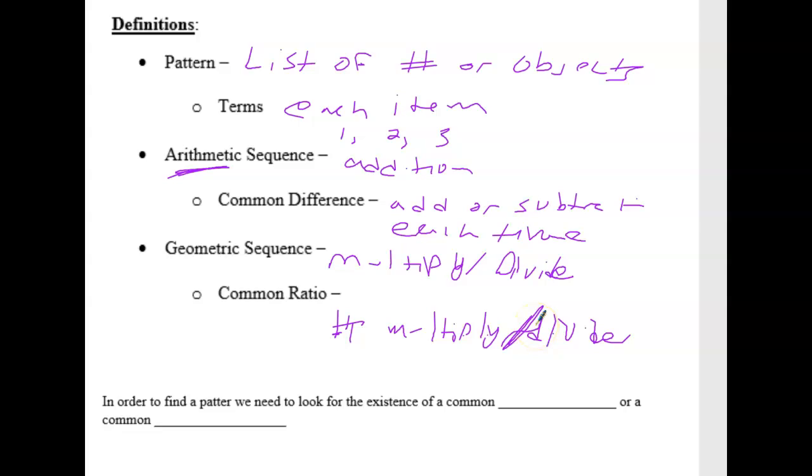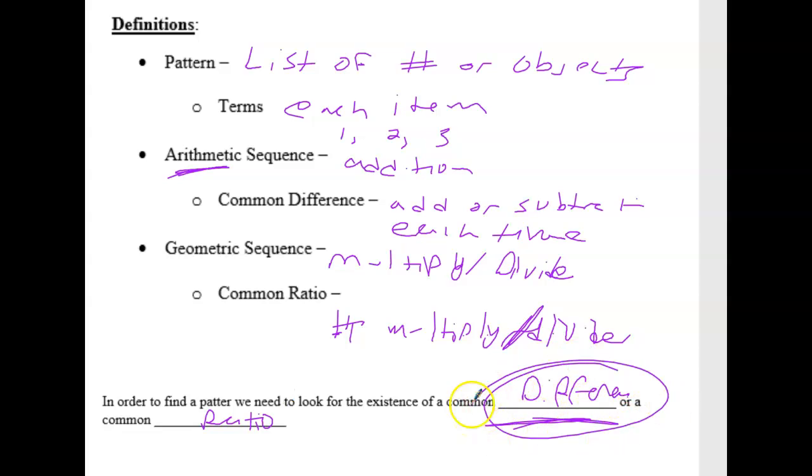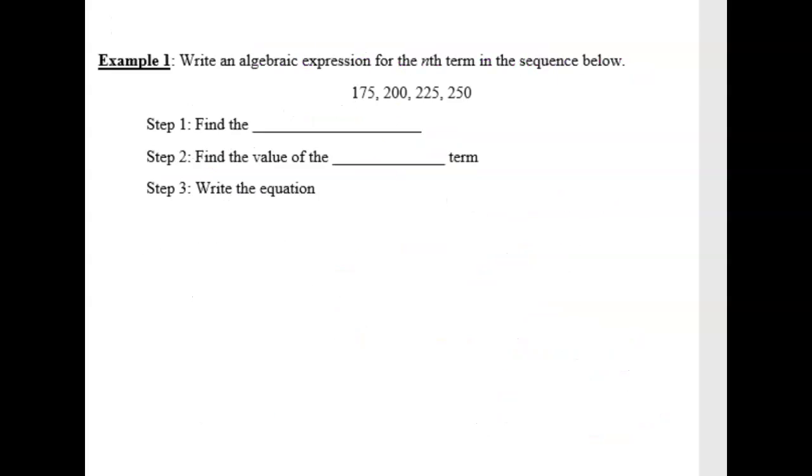In order for there to be a pattern, we must have either a common difference or a common ratio. Otherwise, we'd just be listing numbers with really no rhyme or reason. So we have to look for either that common difference or the common ratio. And most of the time, we're going to be looking at a difference. Our patterns are going to be created by addition or subtraction.